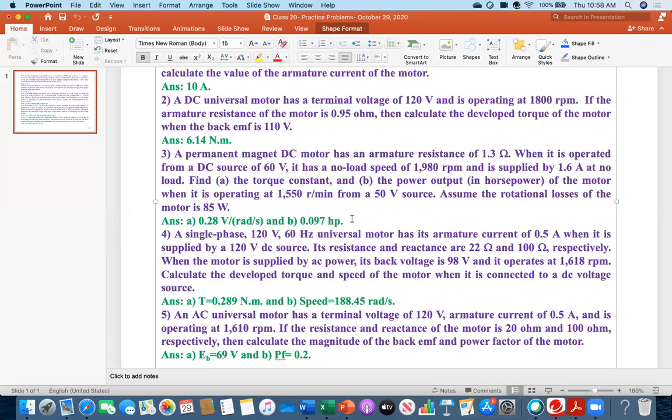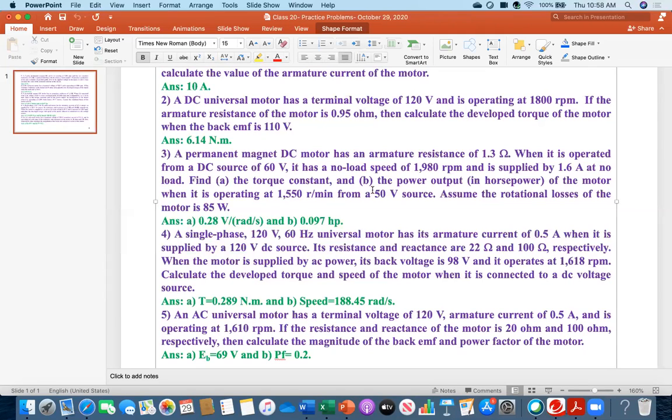0.095. So for 3B, first of all, output power is back voltage multiplied by the current, minus the loss. Did you subtract the loss? 85? I've got the no load rotational loss as 92.672 watts.